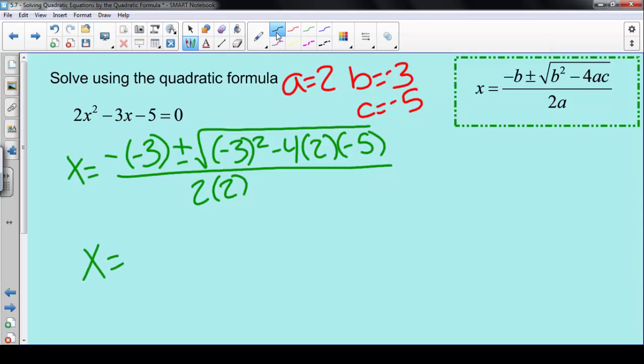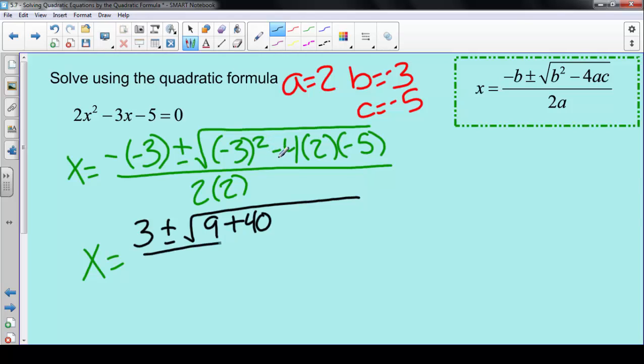So when we have a minus a negative, this just becomes a +3. -3 squared is 9. We have 4 times 2 is 8. 8 times a -5 is -40. Negative times a negative is a positive, so plus 40. 2 times 2 is 4.